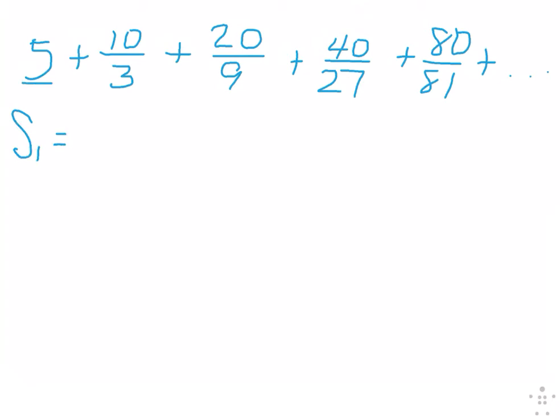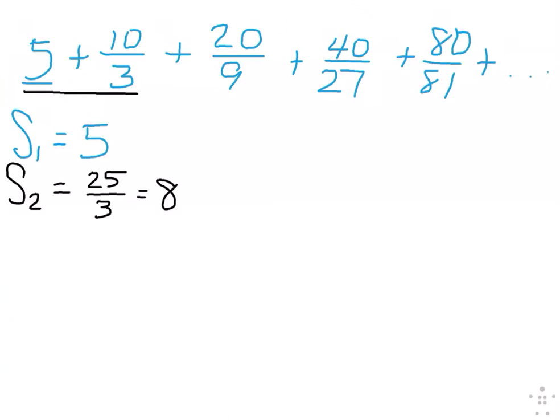What's S1? 5. That might be the easiest part. S2: 5 plus 10 thirds, 25 over 3, which also is the same as 8.3 repeating, right?